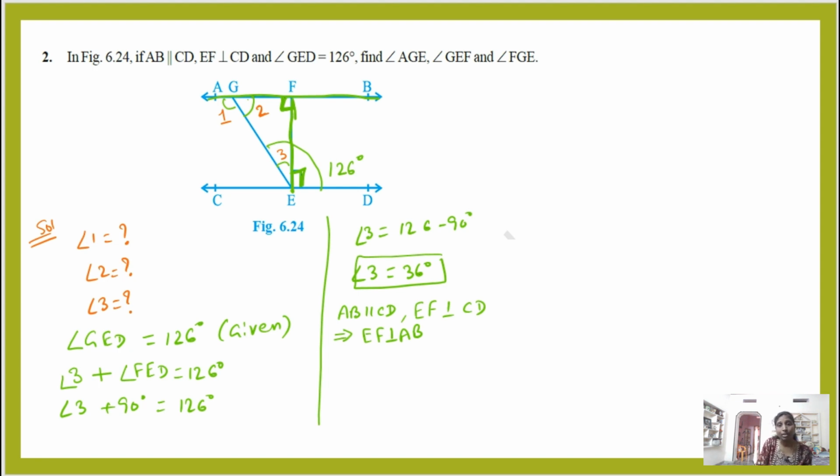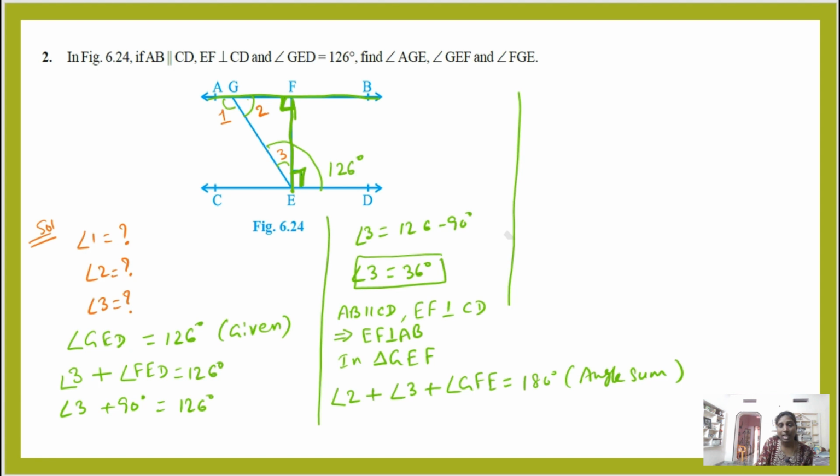Now the angle sum property in triangle GEF. In triangle GEF, angle 2 plus angle 3 plus angle GFE is equal to 180 degrees. What is the reason? Angle sum property. Now, what is angle 2? We do not know.